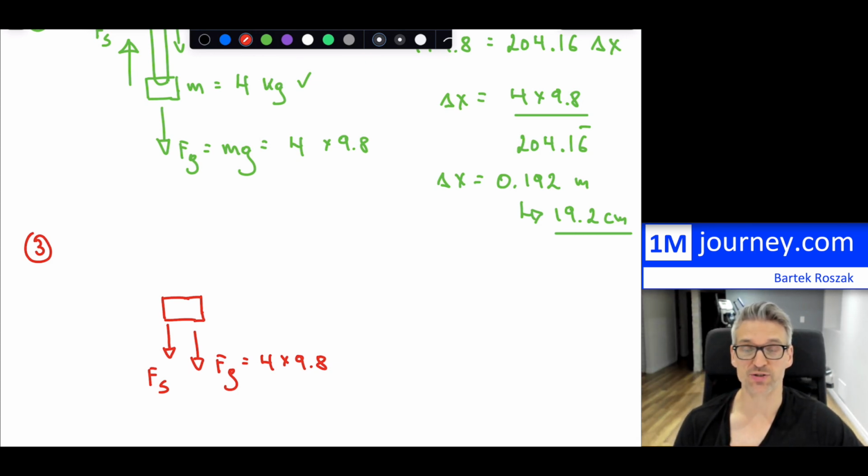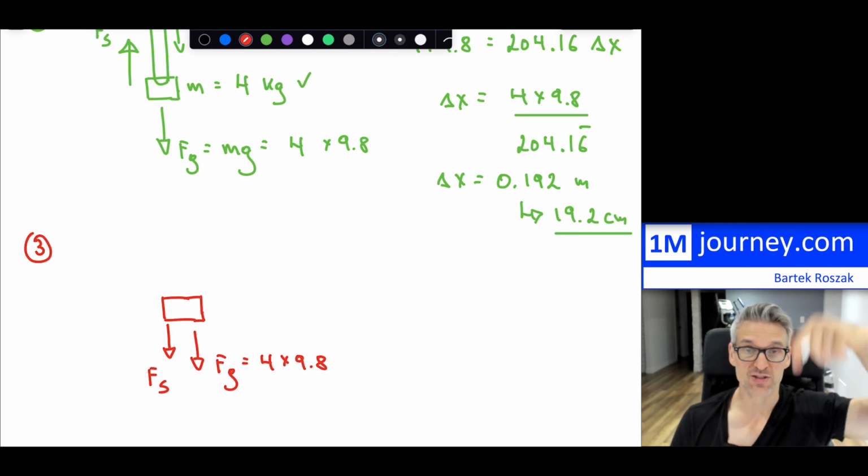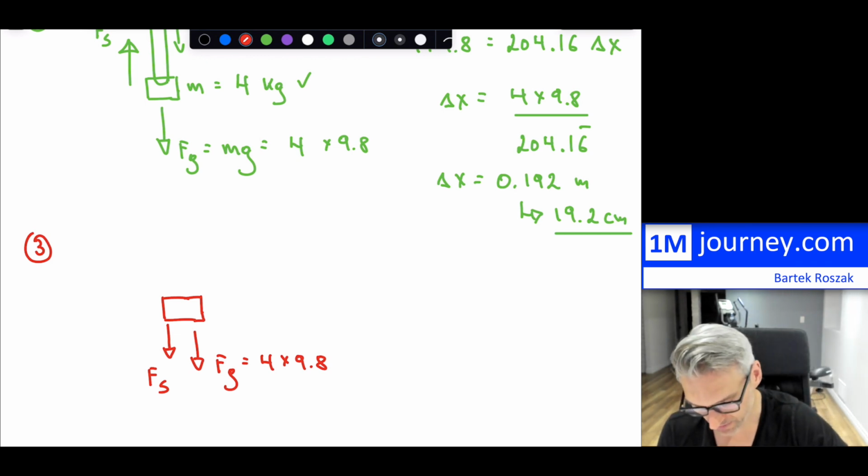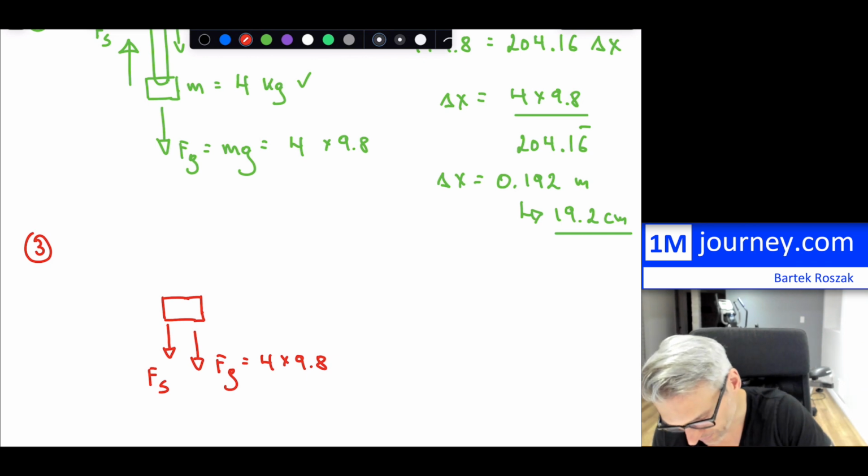So the force of gravity is trying to pull this down, and then the force from the spring, I'm saying spring although it's the resistance band, is going to be in the opposite direction. It wants to do the opposite of the fact that it has been compressed by 10 centimeters. So the compression in there is 10 centimeters or 0.1 meter.